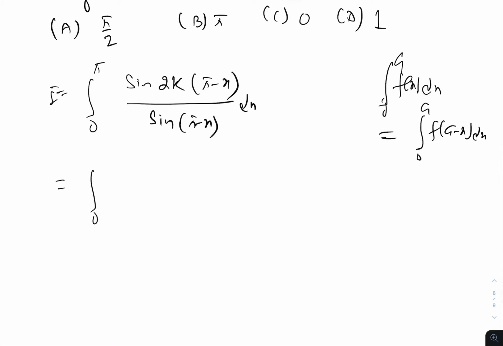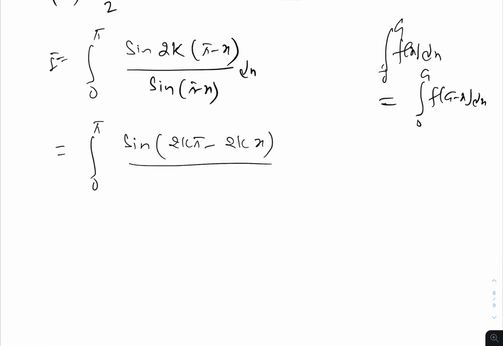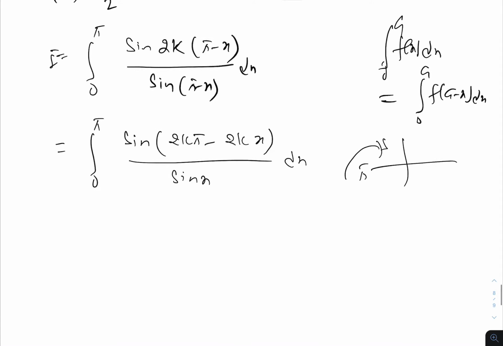So this is equal to integration 0 to pi sin(2k pi minus 2kx). Now what is sin(pi minus x)? Second quadrant, sin function is positive. So sin(pi minus x) is sin x.